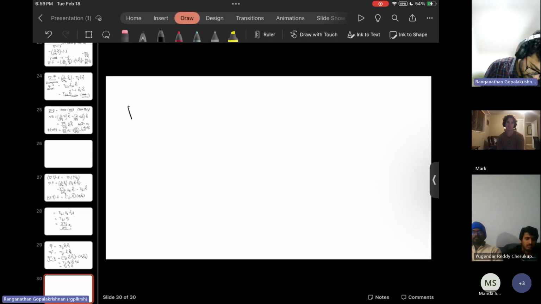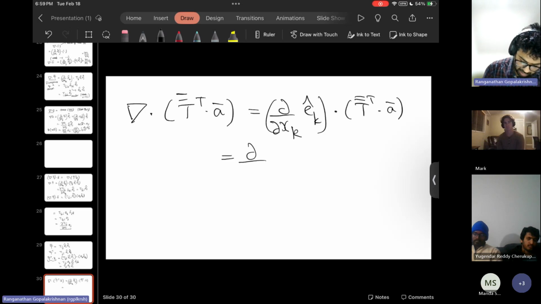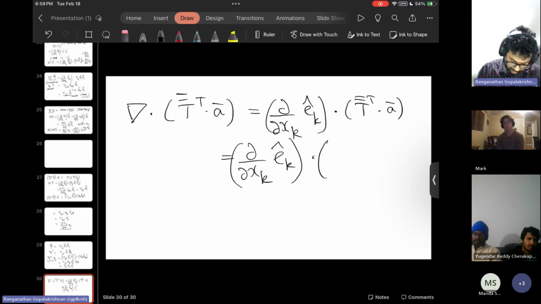So divergence of T transpose dot A is partial over partial x_k e_k dot T transpose dot A. Partial over partial x_k e_k dot, what is the thing that we just worked out?